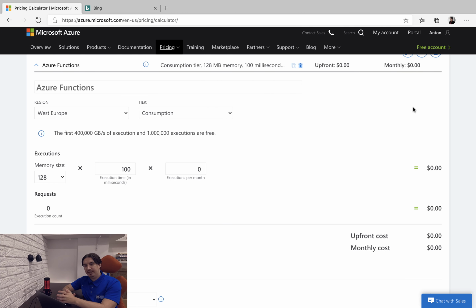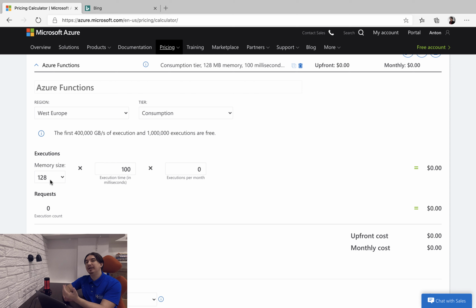The next part is the Azure calculator. Here I have my Azure Function for West Europe using the consumption plan. First of all, the memory size. We agreed that we're using less than 50 megabytes for our health check and keep-alive function.